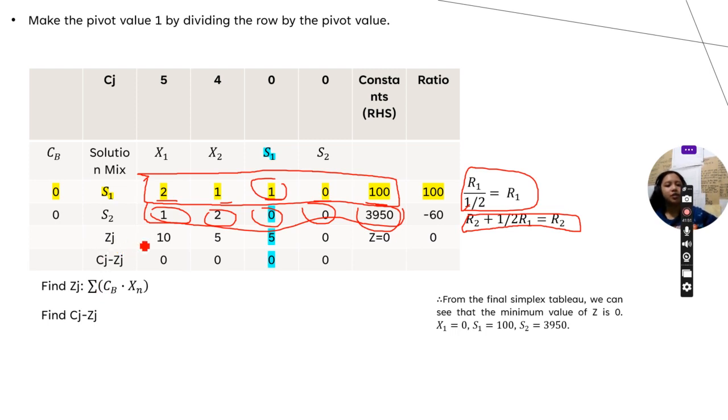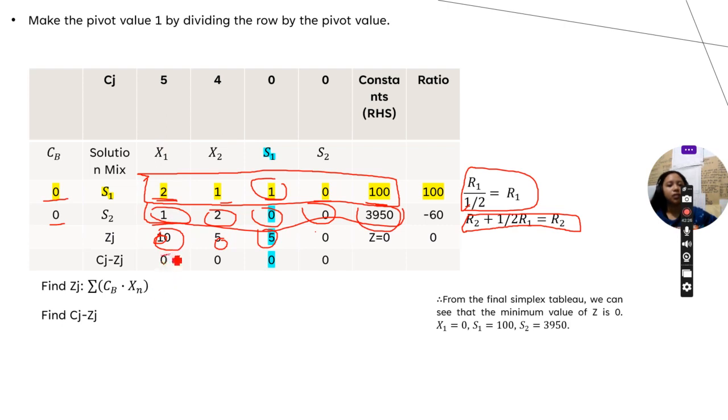Find the ZJ. Let's multiply the CB to the xn. 0 times 2 plus 0 times 1 is 0. Yes, it should be 0.